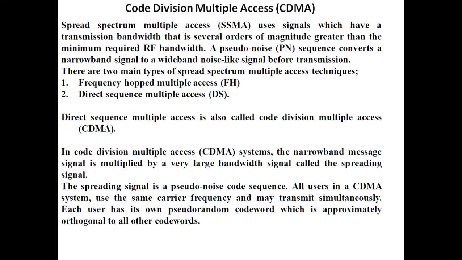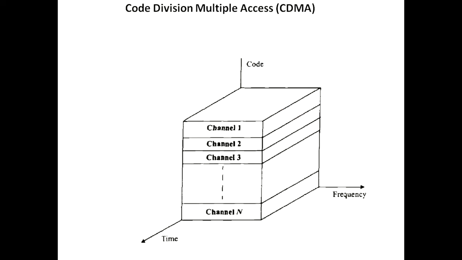All the users of CDMA can use the same carrier frequency and can transmit the information simultaneously. But each user has its own PN sequence, which is approximately orthogonal to the PN sequence of the other users. This is the pictorial representation for code division multiple access.